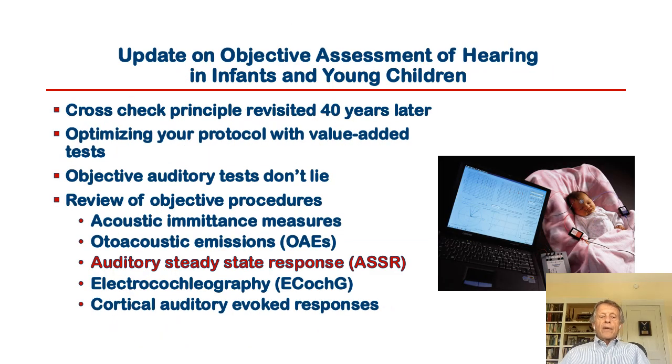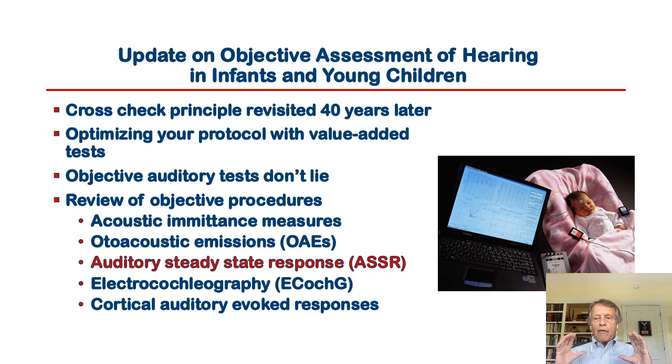All right, we're going to move along now to the next response, and we're getting close to an hour here, 55 minutes. We're going to move through these responses a little more quickly. The reason for that is that these ASSR, ECOG, cortical responses, they supplement the ABR.